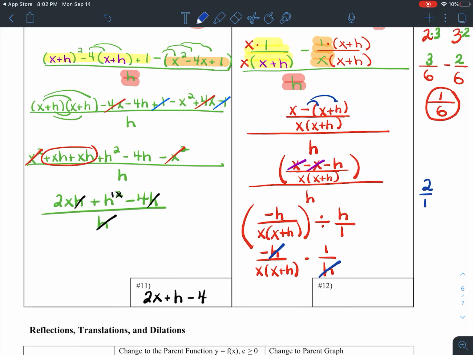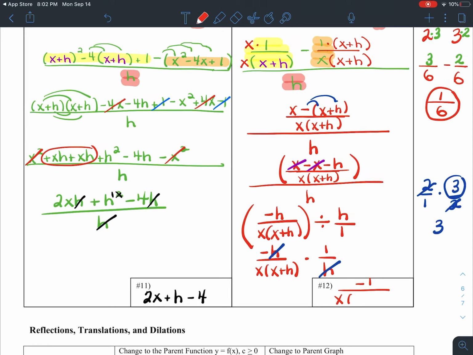The reason that's helpful is because now this h will cancel with that h. It's the same idea as if I have a 2 and I multiply that by a 3/2: this 2 and that 2 cancel, leaving me with just the 3.